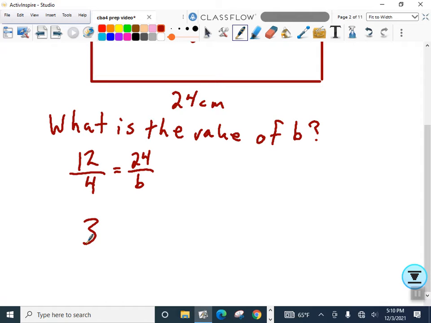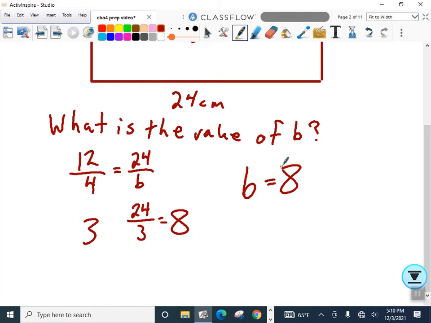So if we take 24 and substitute 3 and place it at B, this is going to give us 8. So what we're saying is B is 8.